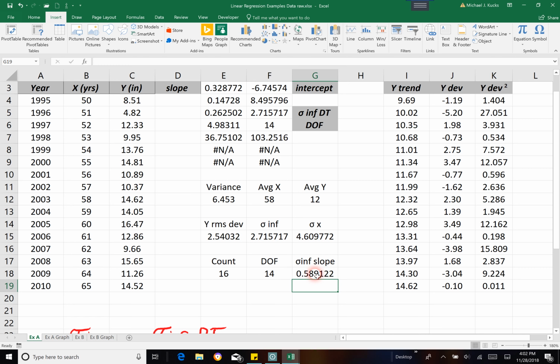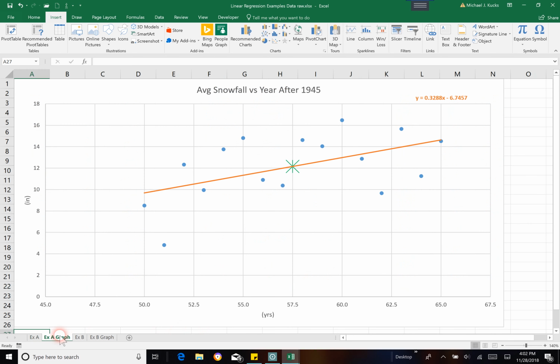Now, there really is no such thing as the population inferred standard deviation of my slope. This is just a step in the process of getting to what really we're after. Because to get the slope, let's go back to our graph, I had to look at all of this data. I had to look at all of these data points. There's no such thing as getting the population inferred standard deviation of one data point.